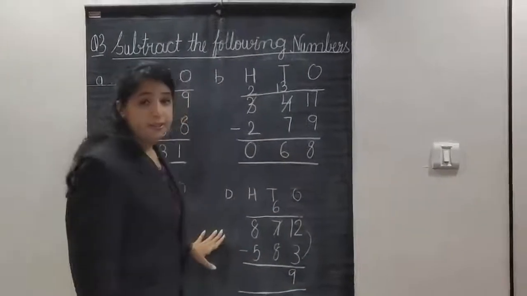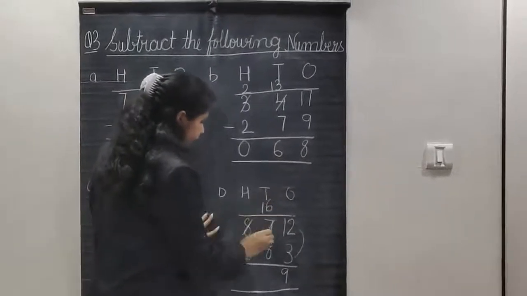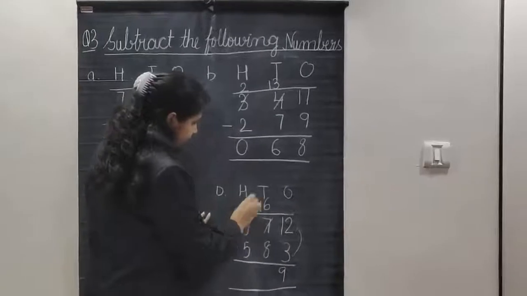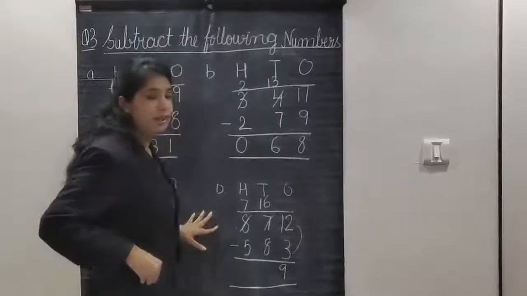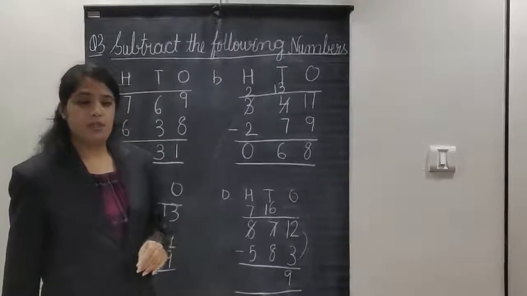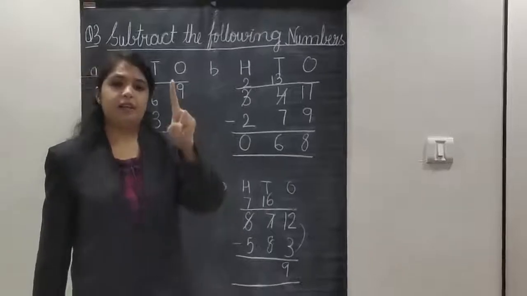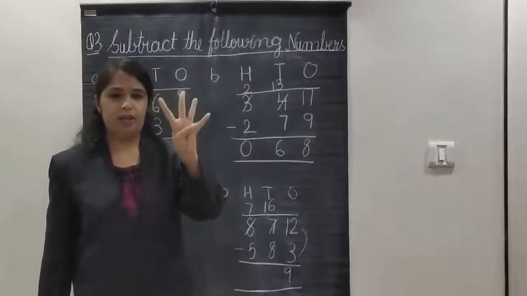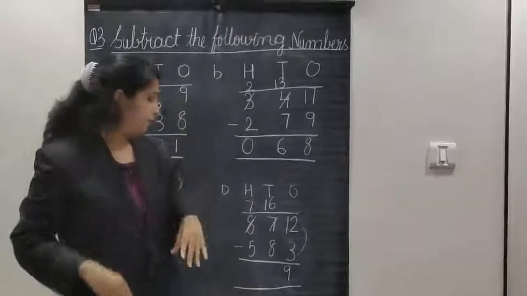6 minus 8, it is not possible. Cut 1, put 1, minus 1. Now 16 minus 8. So after 8 till 16. After 8, 9, 10, 11, 12, 13, 14, 15 and 16.